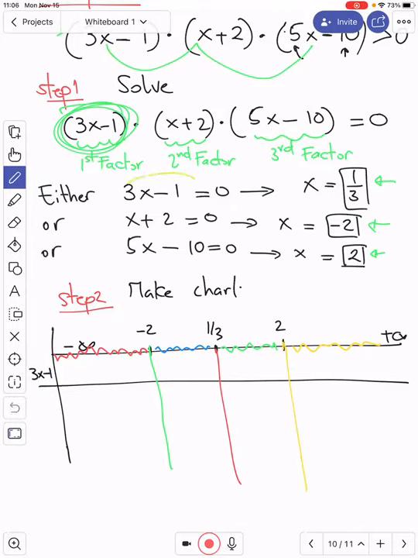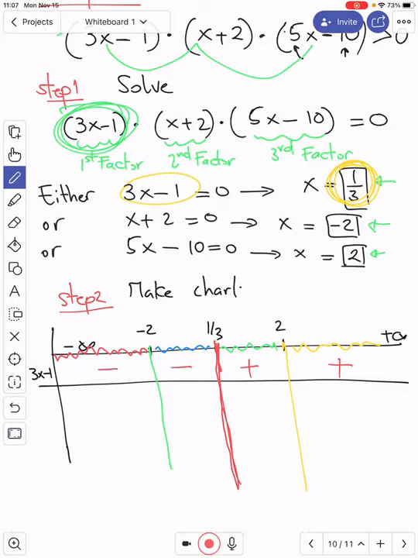The corresponding solution to 3x - 1 equal to 0 is when x is 1/3. You see, this line represents 1/3. On the right side of this 1/3, the 3x - 1 is going to be positive, because you're on the right side of 1/3. If you are on the left side of 1/3, it's going to be negative.